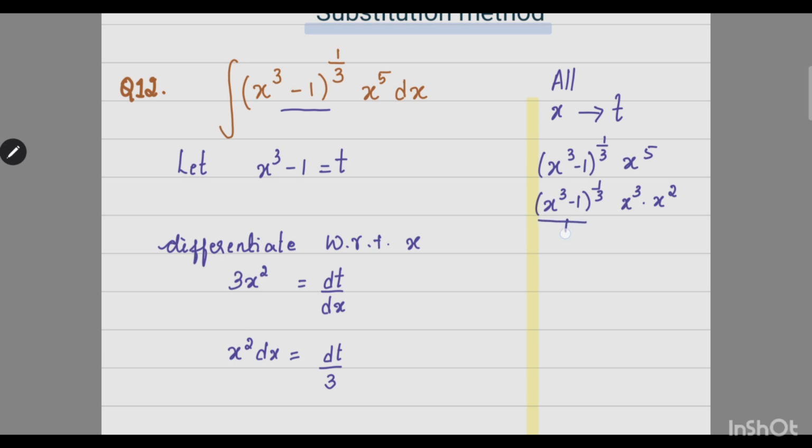Now this part is in the form of t, because from the substitution x cube minus 1 is equal to t, and x square dx is also in the form of t, dt by 3. But what about this x cube? How to write this in the form of t? If you observe the substitution, x cube will be equal to t plus 1. So now this is also in the form of t. So our substitution is correct.